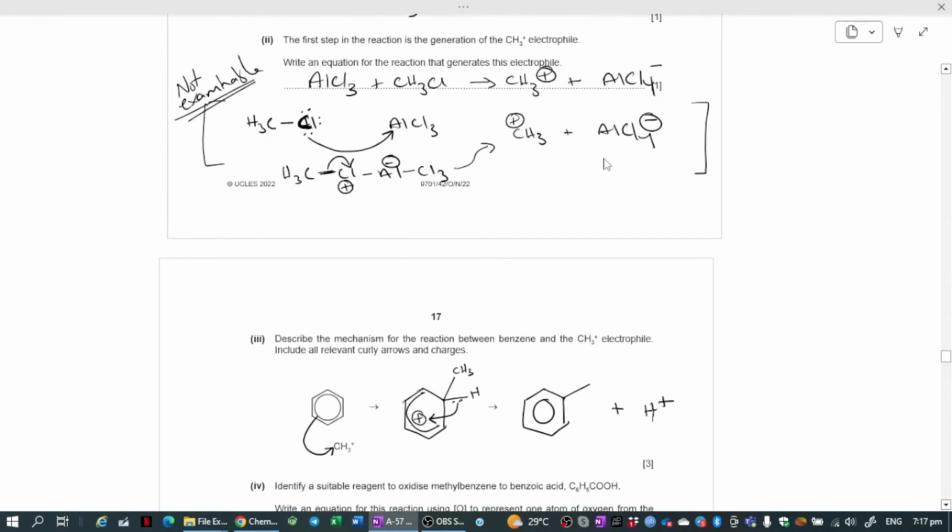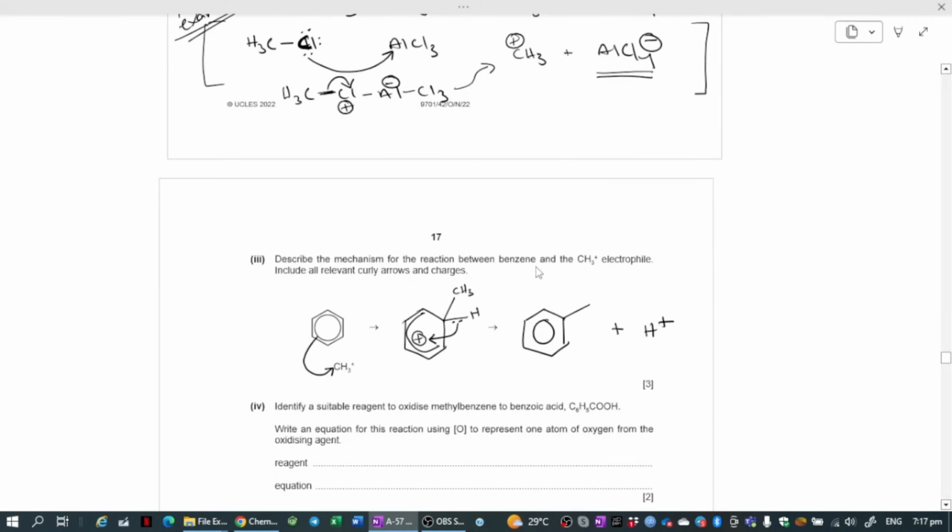It actually has to do with this species that we would have formed here, this AlCl4 minus. What actually happens in this step is that the proton is not just lost. The AlCl4 minus actually abstracts the proton. So what you actually have is Cl, AlCl3, and you have a minus charge here, and you have lone pairs here on this chlorine atom.